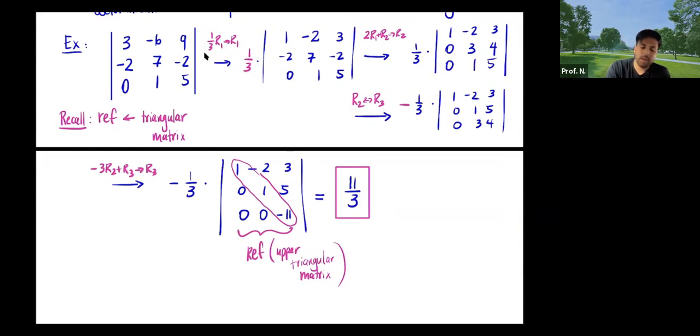And so these are the 3 operations that I applied, and I got the last matrix in upper triangular form because I put it in row echelon form, and I just have to multiply the diagonal entries for that. And overall, I get 11/3. Does that make sense?